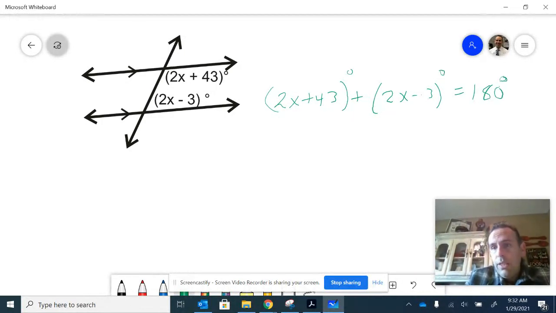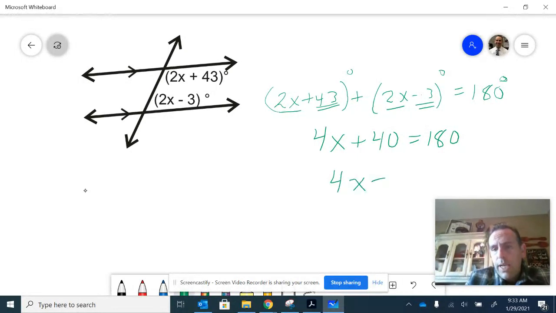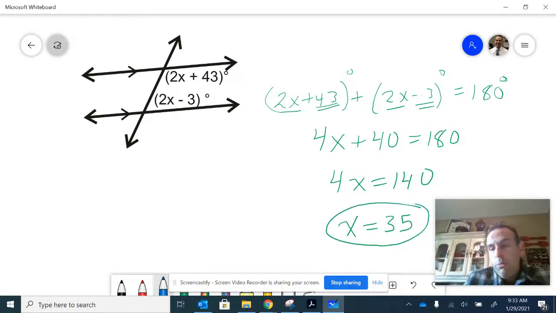So dropping the degree symbol and simplifying, we get 2x plus 2x is 4x. We get that 43 take away 3 is 40, and we have 180. If we subtract 40 from both sides, we get this, and then dividing by 4, we should get that x is 35.